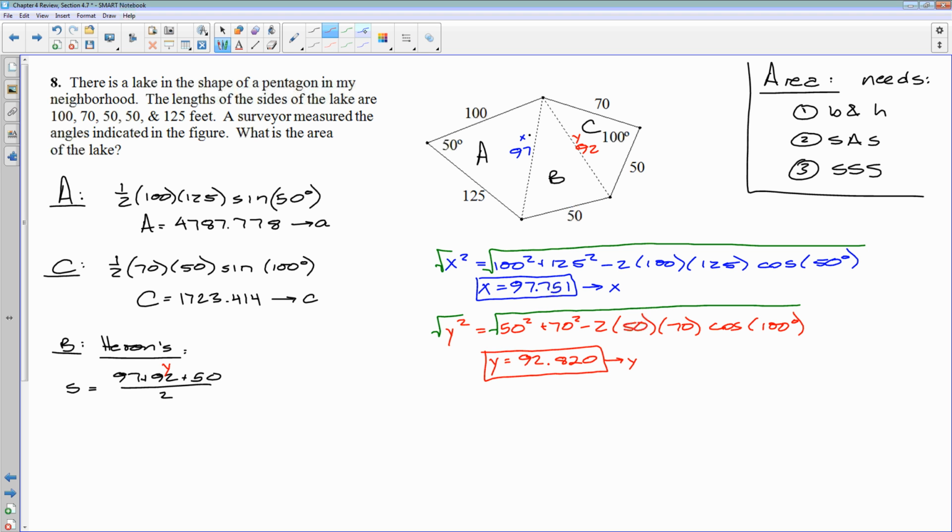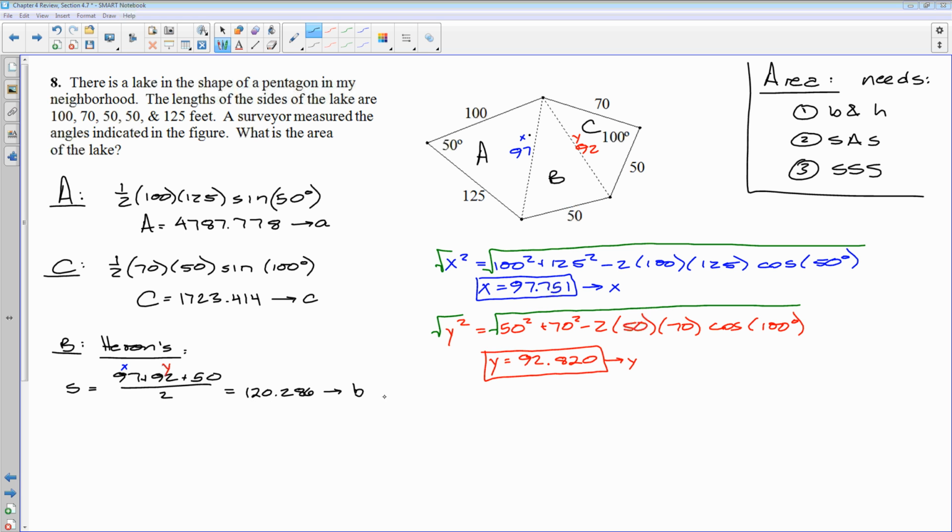So when I punch that in the calculator, I'll simply type in x plus y plus 50, all divided by 2. Okay, so I plugged that in the calculator and I got 120.286 was my semi-perimeter, S, and I stored that for B. Just be careful because I do have A and C stored up here, so make sure you don't accidentally overwrite something that you have previously saved.